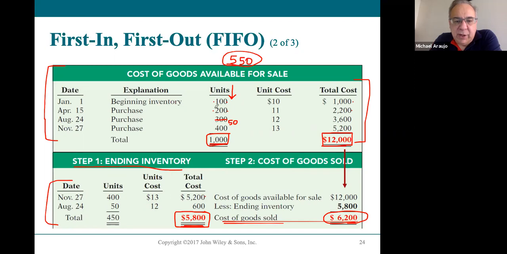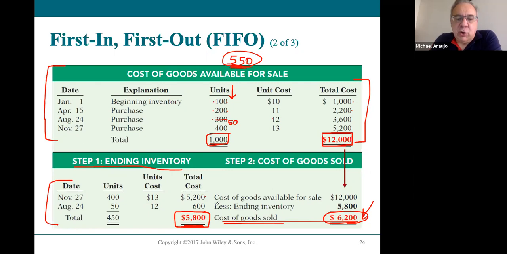So we have 300 units accounted for of the 550. And that's $3,200 worth of goods sold. We need another 250. 100 plus 200 plus 250 will give you the 550. So 250 times 12 is 3,000. 3,000 plus 2,200 plus 1,000 is 6,200.